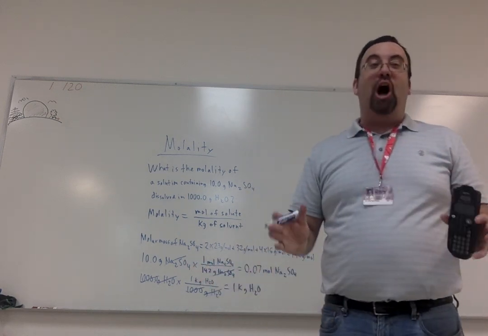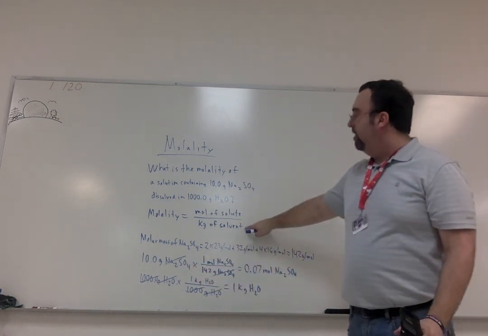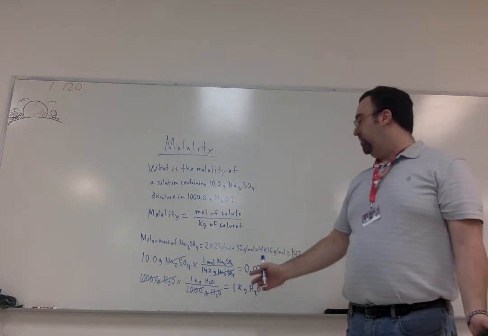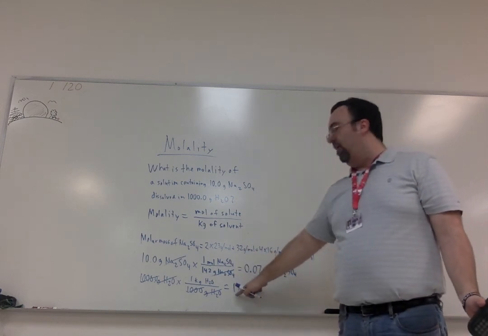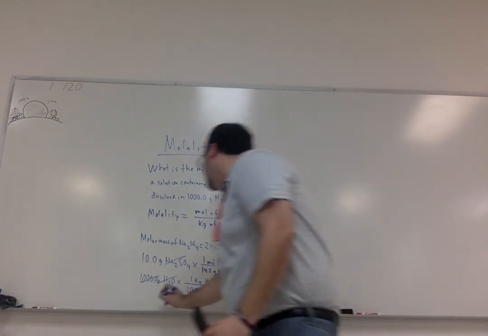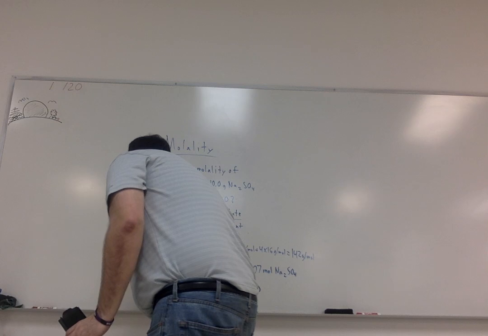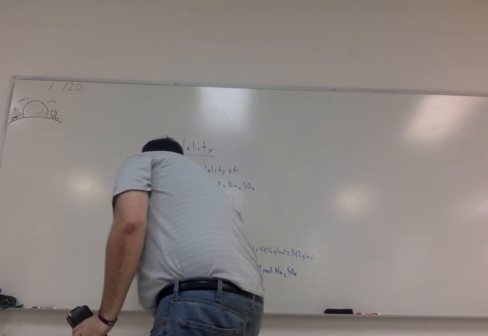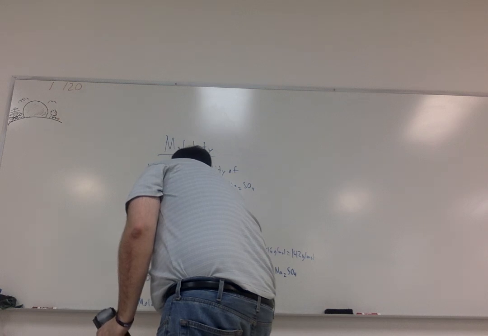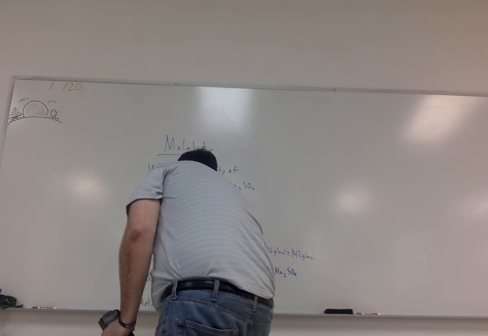This is actually very awesome because, again, the kilogram of solvent is going to be 1. What we do then is we just take 0.07 divided by 1, and that will give us 0.07 molality. So to calculate the molality, we take 0.07 mole of Na2SO4.